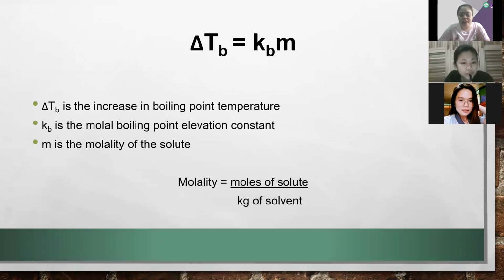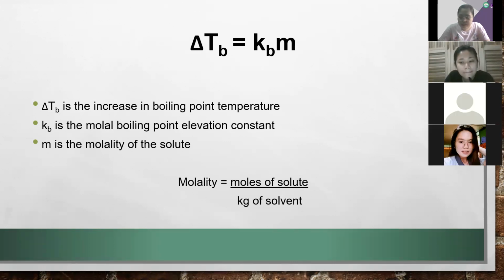We are done with this in your Chem 101. When you are asked to compute for the molality, our formula is molality is equal to moles of solute over kilograms of solvent.